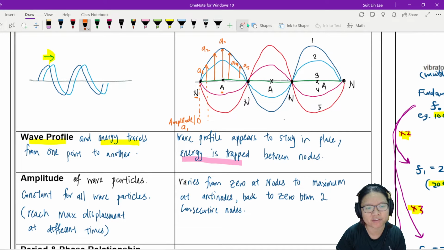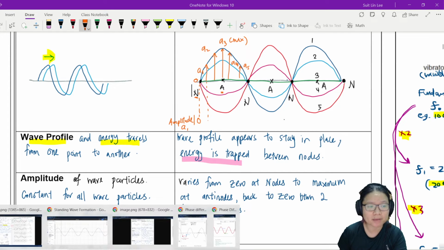This is a5. So this is what the sentence means: varies from 0 at this node, up to maximum. So this a3 is maximum, then back to 0 again at this node.